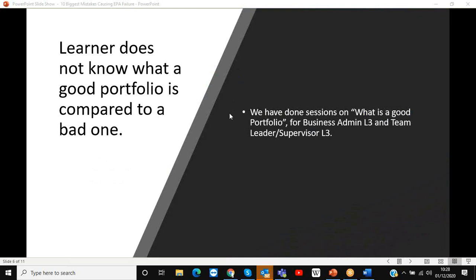Just to be very brief, a good portfolio should always be very clear and concise as to what evidence is there, what that evidence relates to, and what it's referenced to. The referencing should always be very clear as well.